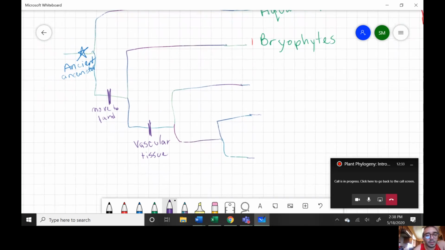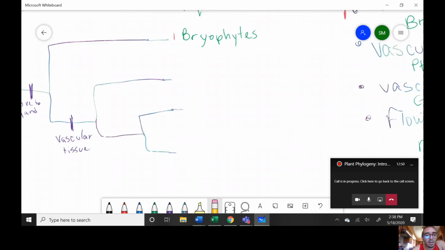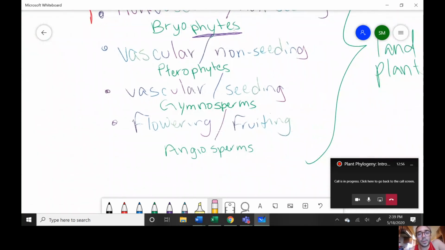So here we see that everything after this are all land plants, and everything after this are all vascular plants. Okay. So they developed vascular tissue. They still required water to reproduce. So these are like your ferns, where they have the spores and the gametes, and they require water so that the gametes meet each other and become a zygote.